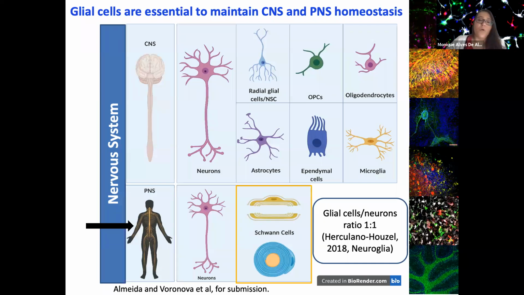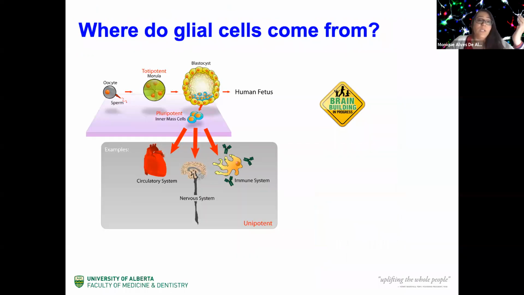We will learn more about each of those cells later on, but it's important to highlight that the current functions attributed to glial cells have been extended to include important roles in the nervous system that go beyond essential neuronal functions. Although the absolute number of glial cells is still debatable in the field, it seems very close to a 1-to-1 ratio between neurons and glial cells. But where do glial cells come from?